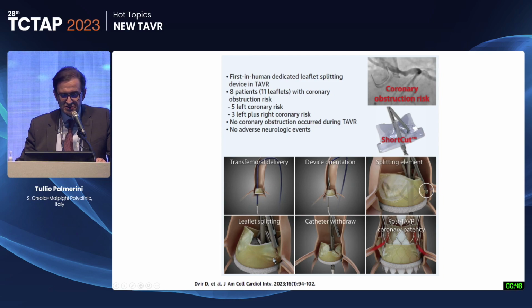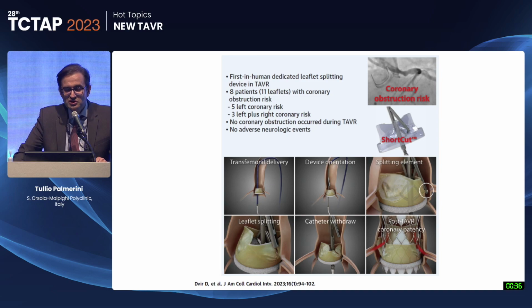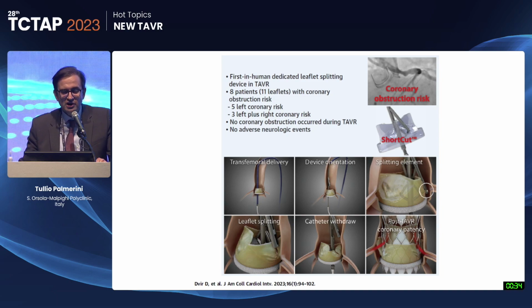At this point, the leaflet splitting device is activated, the system is pulled back, and this is the way in which laceration occurs. It was used in a series of 8 patients with 11 leaflet lacerations, and the results, even though the population is very small, are really promising, with no coronary obstruction and no adverse neurological events.